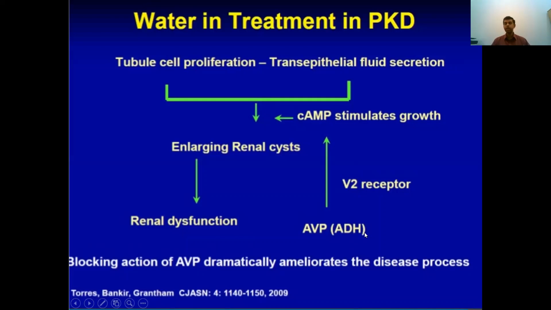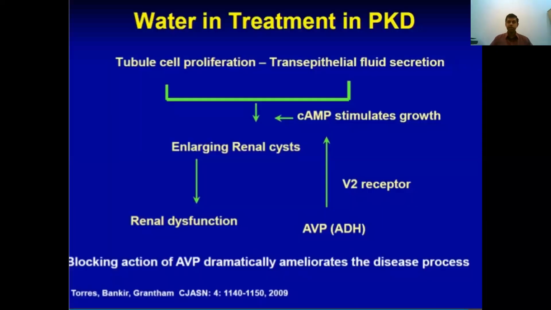So that's why you encourage them to take a high intake of water, whereby this ADH stimulation is less and your stimulation to the cyclic AMP becomes less and less. And the tolvaptan that you give is going to block the stimulation of the V2 receptor, thereby reducing enlargement of the cysts. And that is how that drug works for these patients.